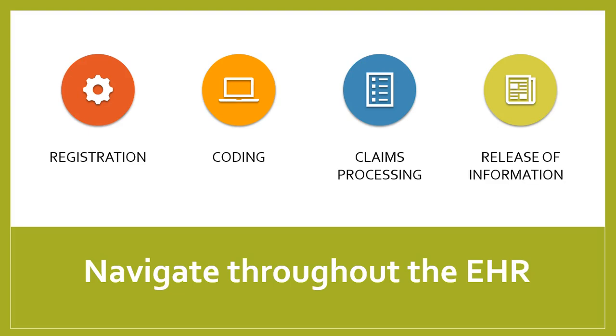If we are going to be releasing patient information, we would have to go through the health record to identify the specific documents that need to be released today. Parts of the electronic health record is collecting data for claims processing. We also utilize the electronic health record to review documentation for coding specialists.